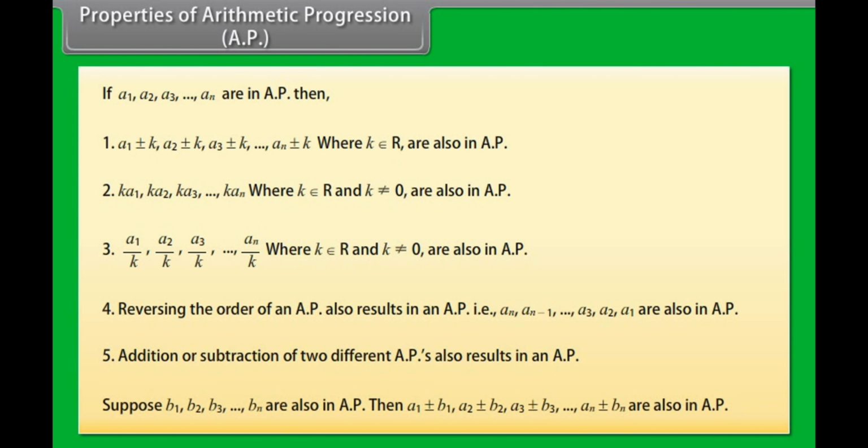Suppose B1, B2, B3 up to Bn are also in AP. Then A1 plus minus B1, A2 plus minus B2, A3 plus minus B3 up to An plus minus Bn are also in AP.